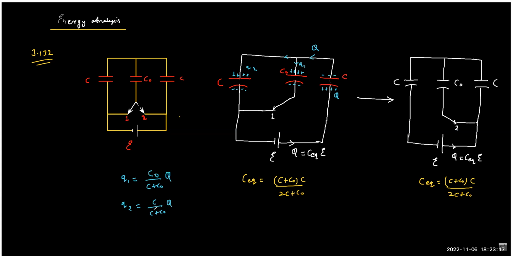Let's look at the distribution in the second scenario. In the second case, the Q will come here and divide in parallel to C and C naught. So C will get Q2, if you remember, and C naught will get Q1, isn't it? Both charges will meet again here, and this will get the complete Q. So do you realize the charge distribution?